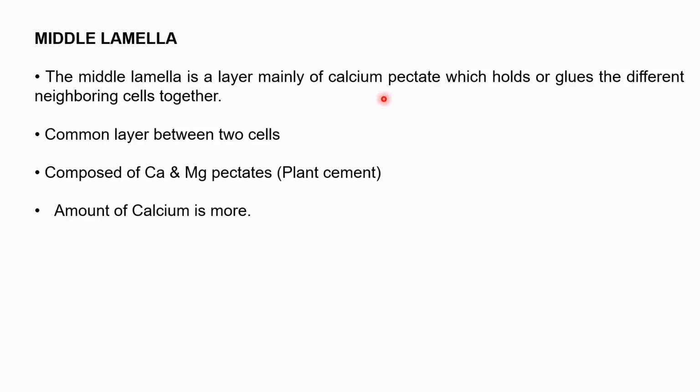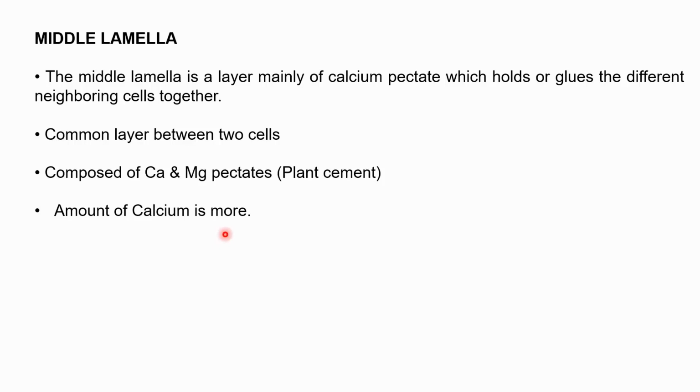Its composition is really important because it is usually asked in exams. It acts as a glue, holding neighboring cells together. It is a common layer between two cells, composed of calcium and magnesium pectates, thus acting as a plant cement. Although it has both calcium and magnesium, the amount of calcium is more than magnesium.